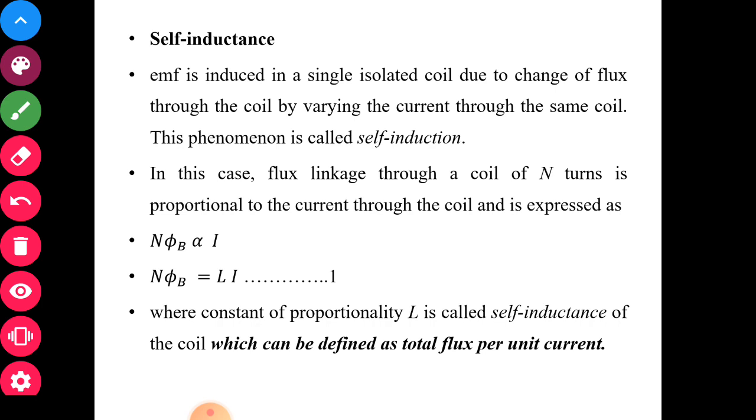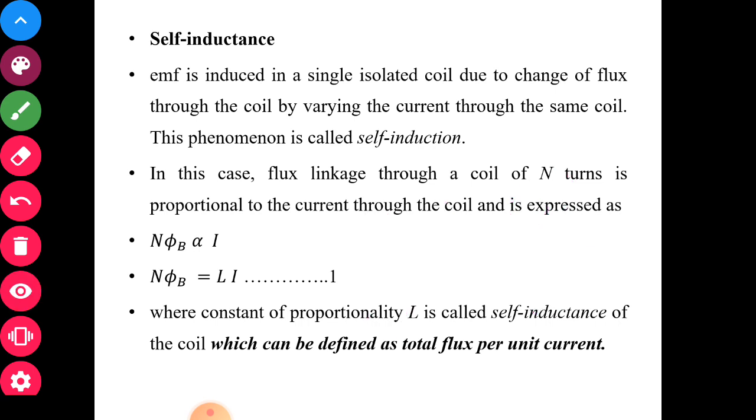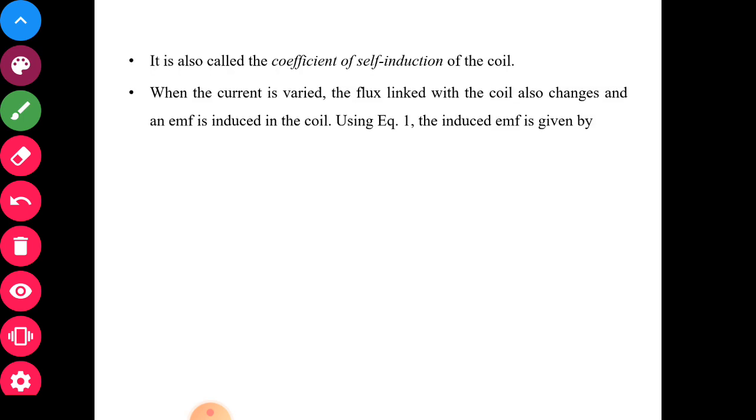If you take L as the subject of the formula, it becomes N phi B upon I. N phi B is the total flux associated with the coil, upon current, meaning flux per unit current. That is, total flux per unit current is defined as the self-inductance of the coil. It is also called the coefficient of self-inductance of the coil.